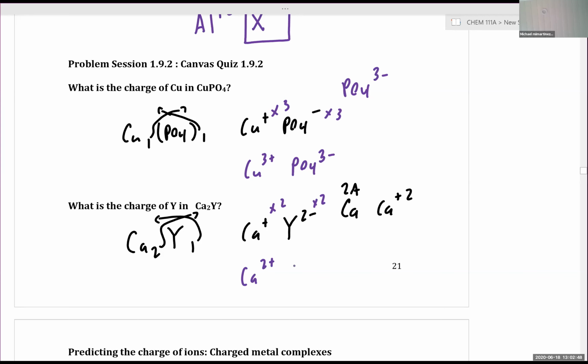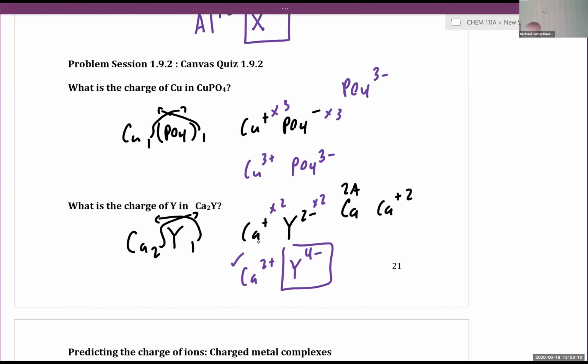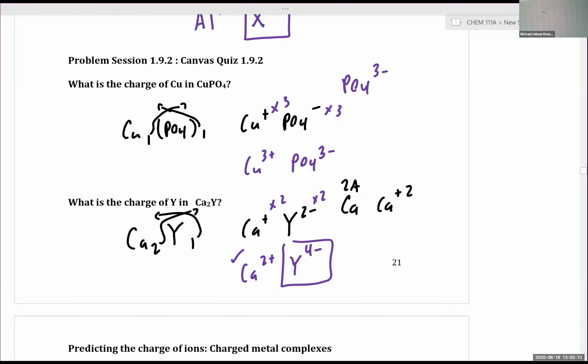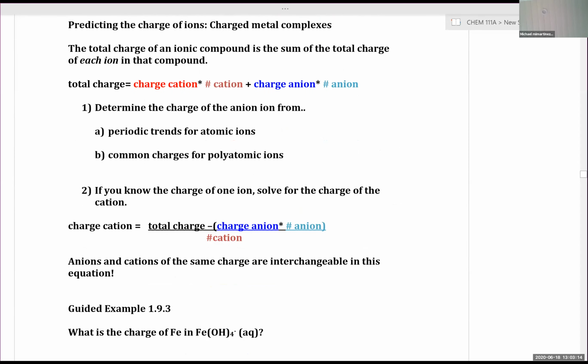That gives us calcium 2+, Y4-, and everything matches as it should. Any questions so far? If not, let's continue on and tackle the next topic.